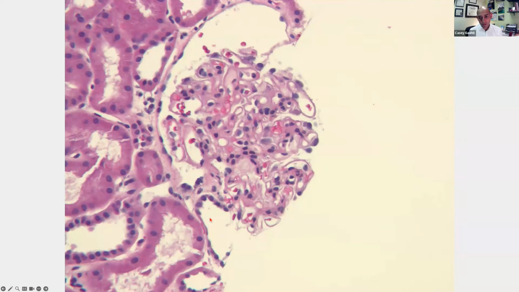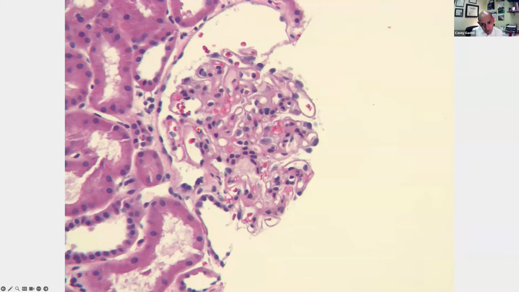So here's a glomerulus on H&E, lower power, kind of hanging off the edge, but I do see open capillary loops. I can't say I can't see any crescents because half of the capsule is missing, but at least the tuft itself, there is mesangial hypercellularity, but I'm trying to make sure there's no capillary hypercellularity, which there isn't.